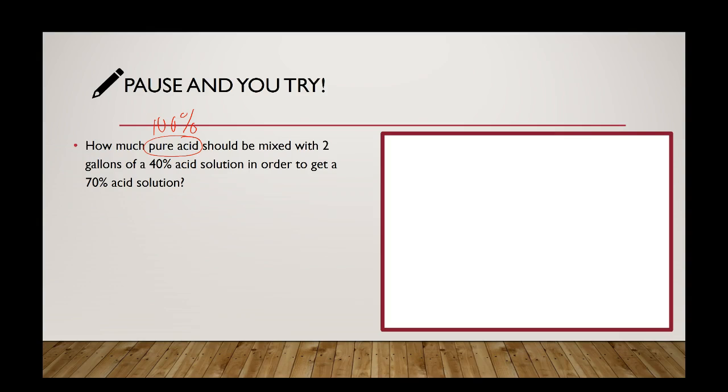Okay, so how much pure acid should be mixed with 2 gallons of 40% acid to obtain 70%? So we have 100%, 40%. We're going to mix those together to get our 70%. And then we have 2 gallons of the 40. All right, so that would mean your 100% is unknown.